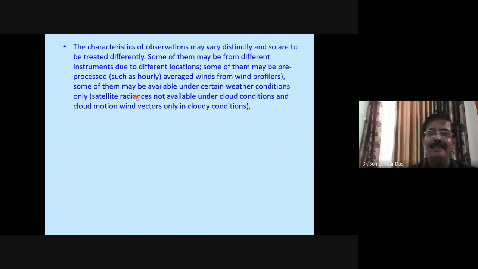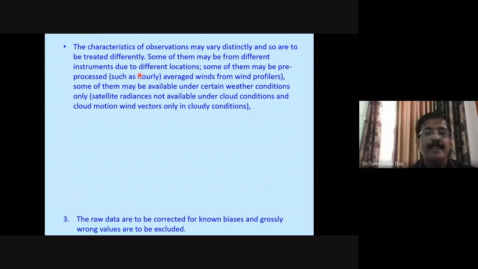Satellite radiances are not available under cloud conditions. But cloud motion vectors, CMVs, are available only when there is a cloud, because you are basically tracking the cloud through satellite to compute the wind vectors. So because of all these different observation characteristics, we have to treat them differently.